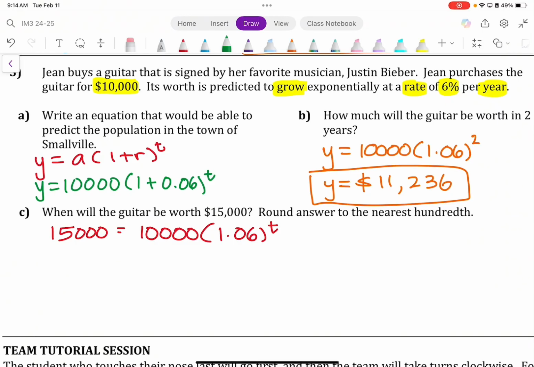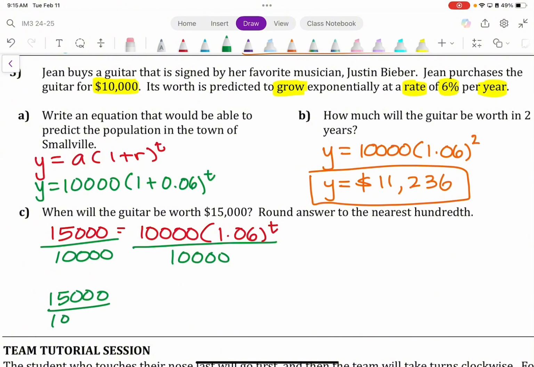Rafa, what would the first step need to be? Good, we're going to divide by 10,000 on both sides. So we get 15,000 over 10,000 equal to 1.06 to the t.